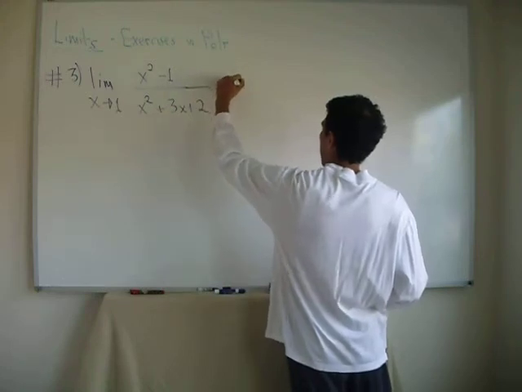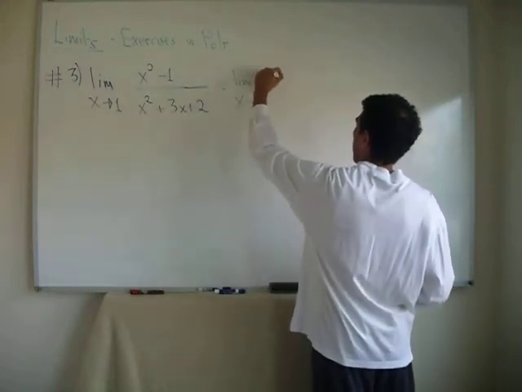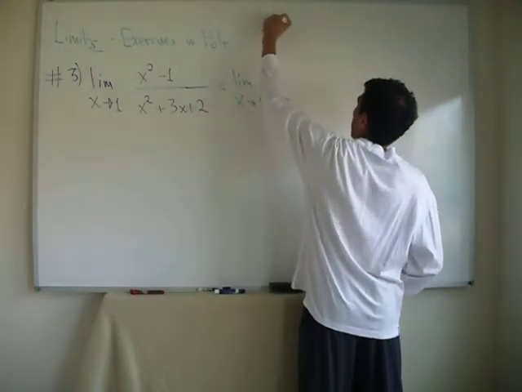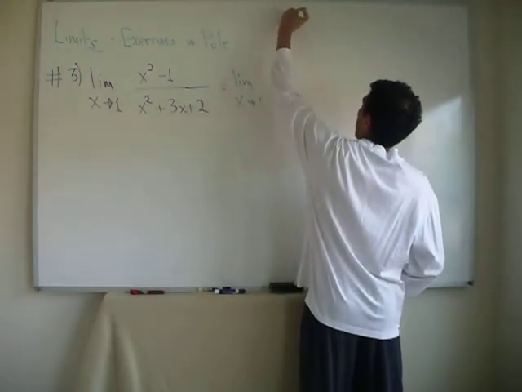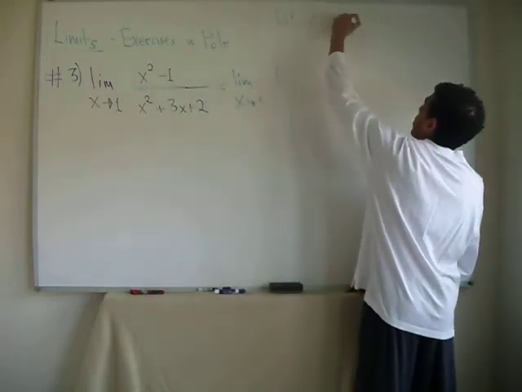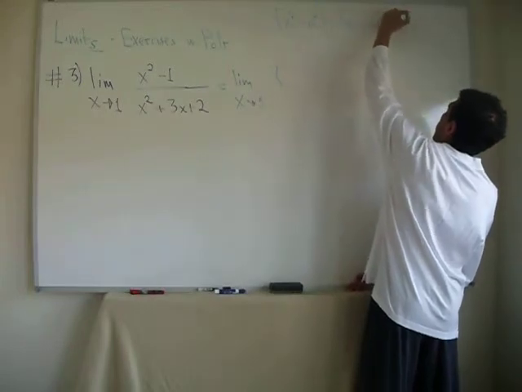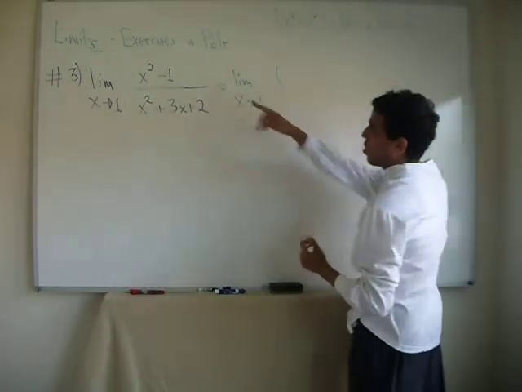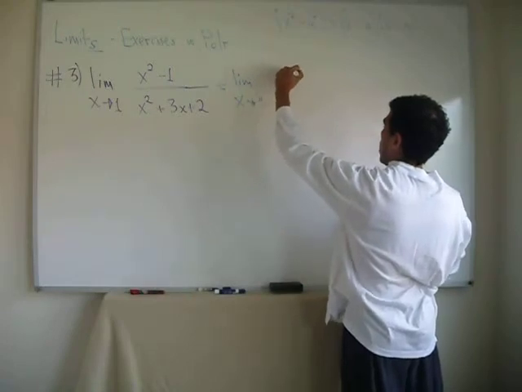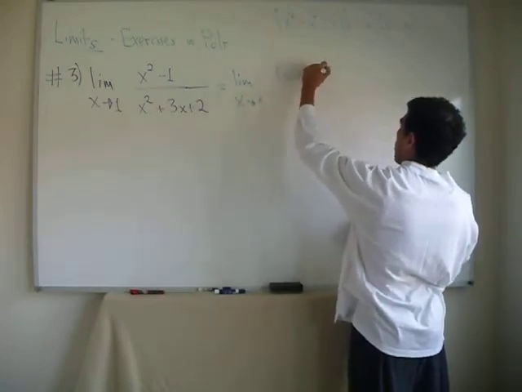On top, I'm going to have the rule that says x squared minus a squared equals x minus a times x plus a. In this case, a is 1, so I'm going to have x minus 1, x plus 1.